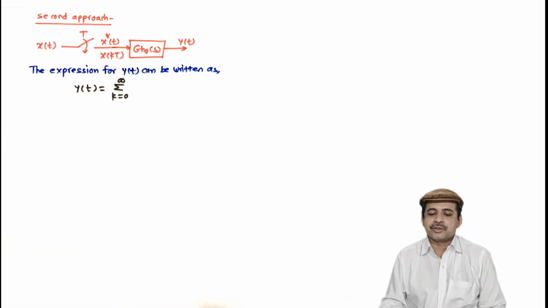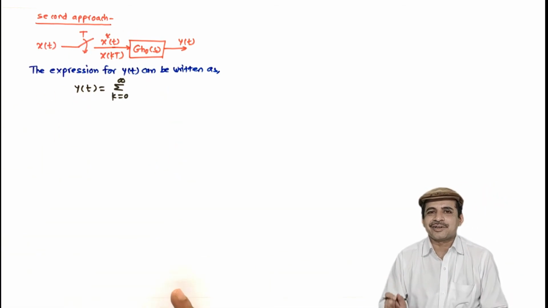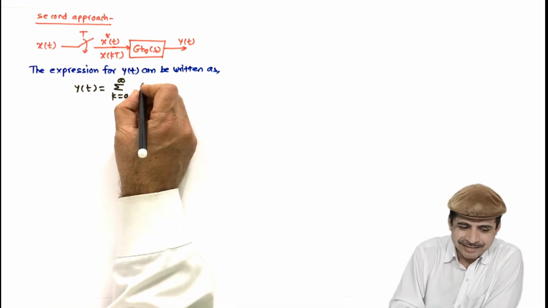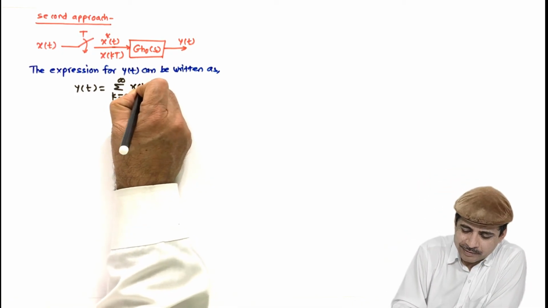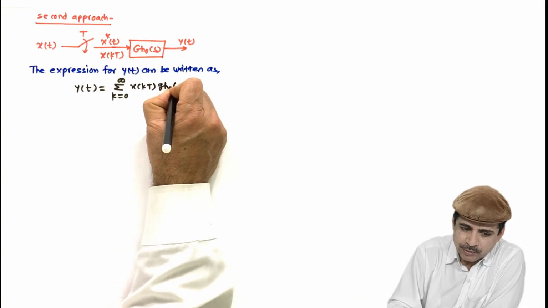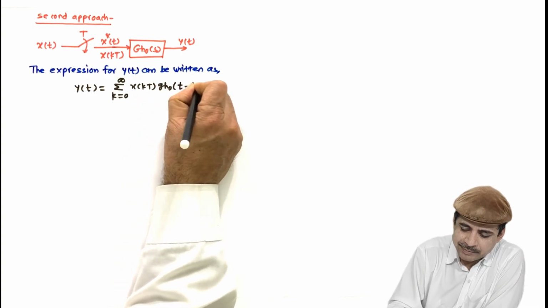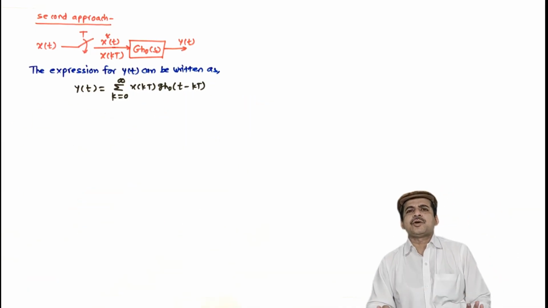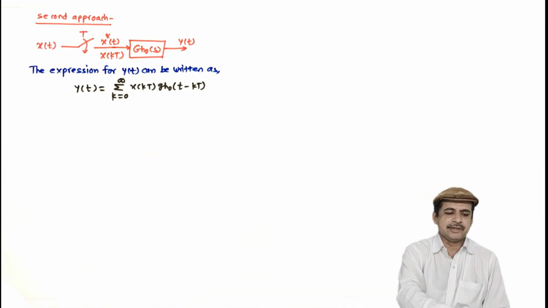Why go by convolution sum? Because one of the signals is discrete in time, so we cannot go directly via the convolution integral. And it is x(kT) into the impulse response Gh0(t minus kT). So this is the basic formula of convolution sum which we have implemented here.